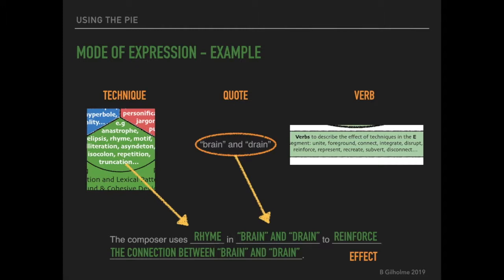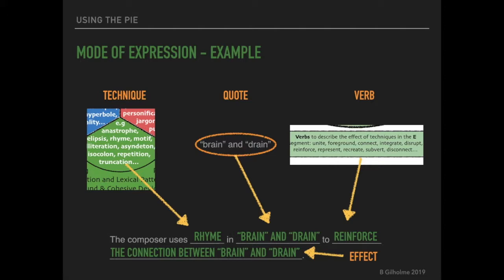We've got our quote from the poem, "brain" and "drain," because they're the words that rhyme. Then we've got our verb, in this case "reinforce." And finally, we're going to put in an effect. What is the effect of this particular technique? In this case, it's to create a connection between brain and drain.